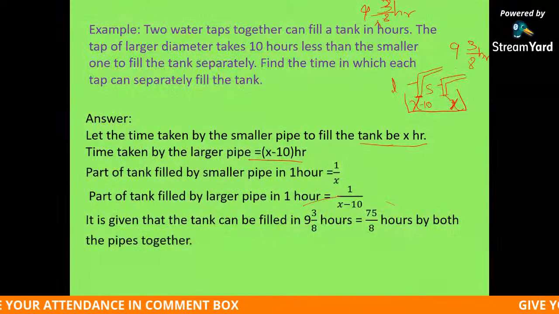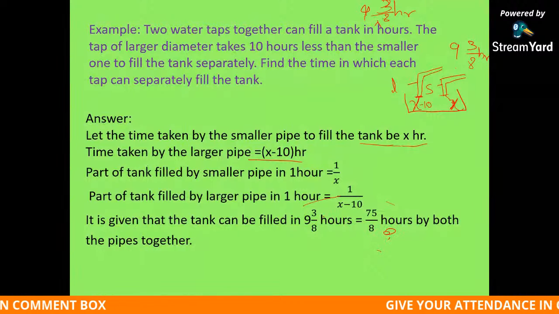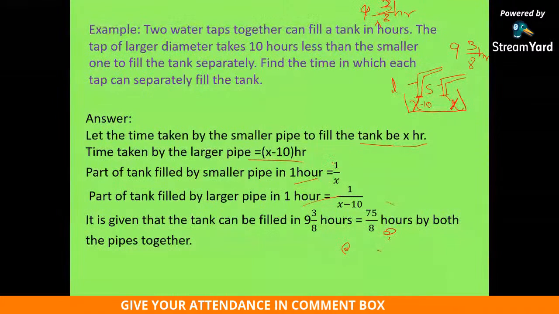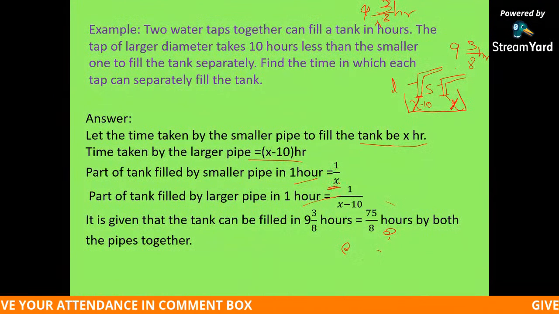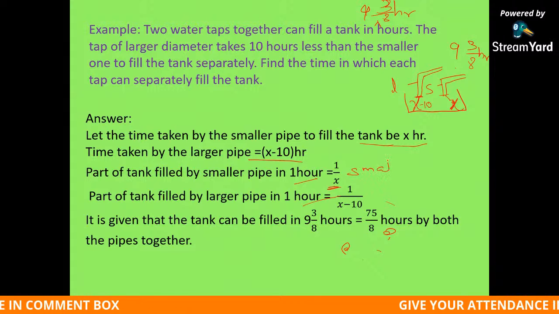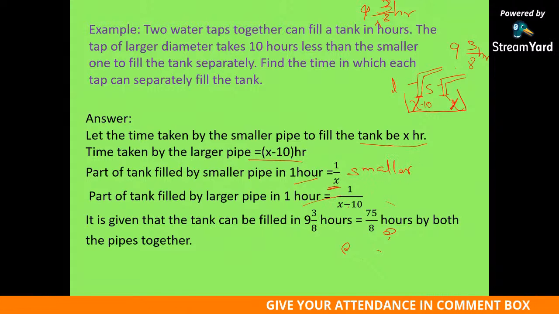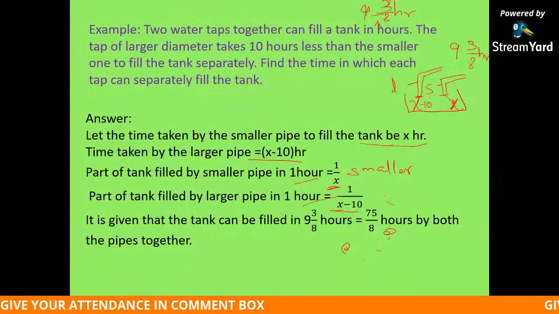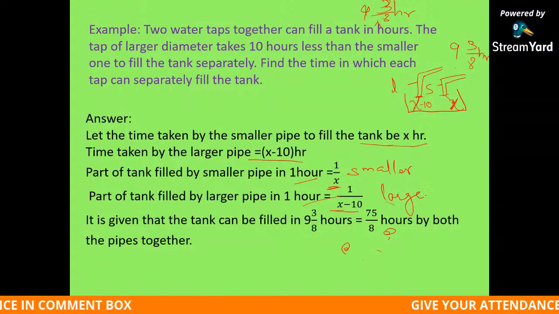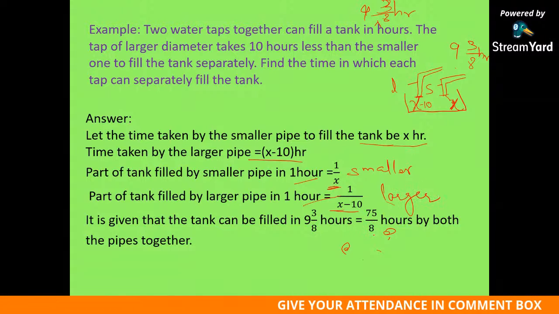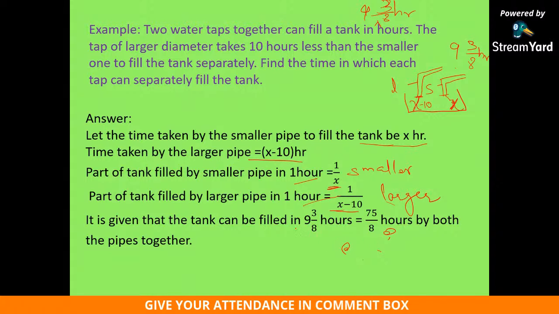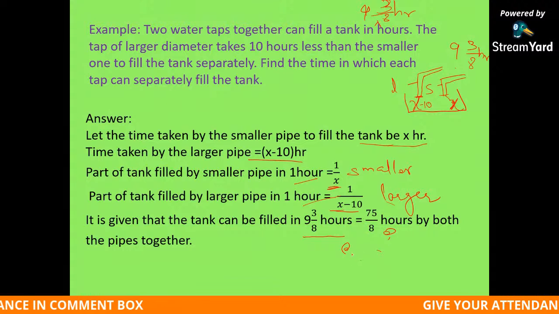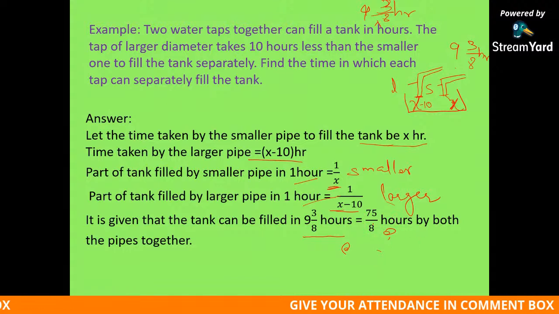Then in 1 hour, how much part of the tank will be filled? 1 by xth part when the smaller pipe is open. And when only the larger tap is used for 1 hour, the part of the tank filled will be 1 by x minus 10. And it is also given that the tank will be filled in 9 integer 3 by 8 hours when both are working.